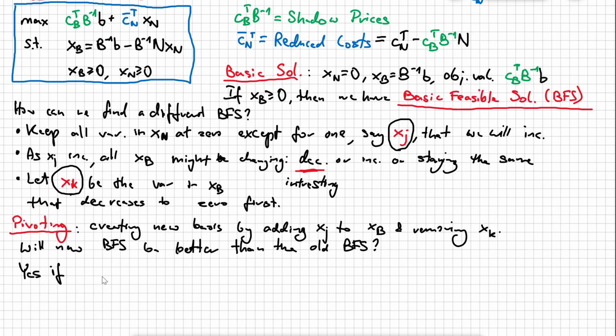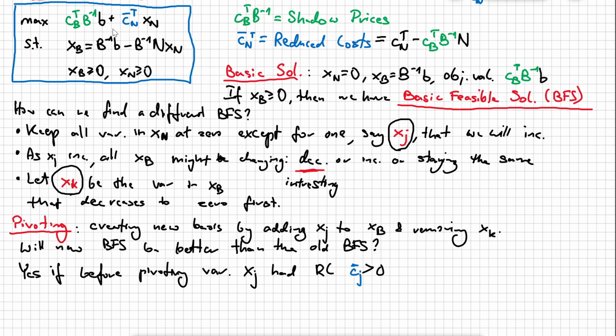before pivoting, the variable that we chose, xj, to add to the basis, had reduced cost cj bar greater than 0. Why is this?